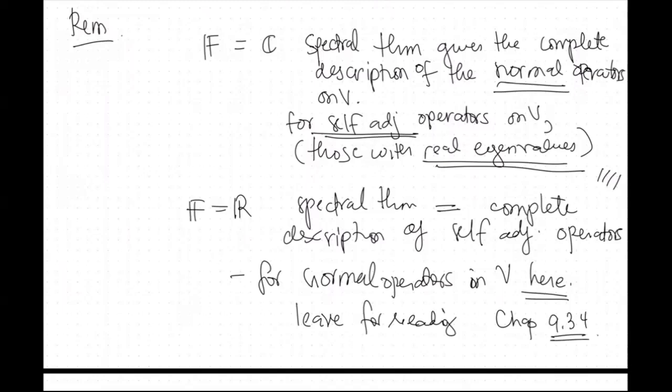Basically, it says the following. For a normal operator, there is an orthonormal basis of the vector space V with respect to which T has a block diagonal matrix such that each block is a 1 by 1 matrix or a 2 by 2 matrix of some form.